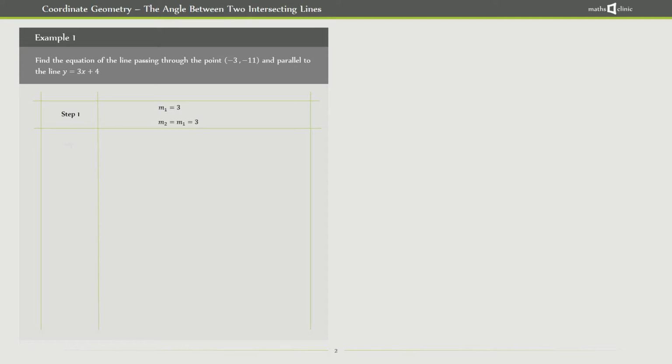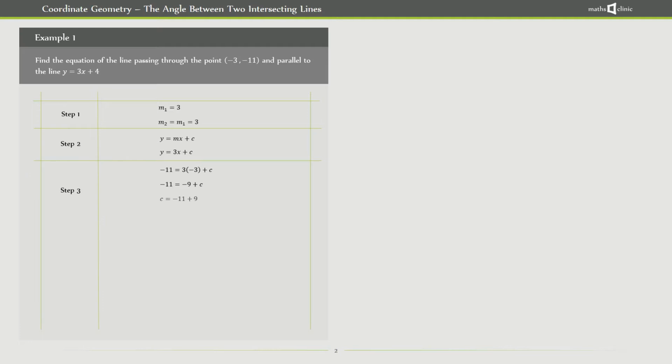Now we have the gradient of the line and a point that the line passes through, so we can go ahead and work out the equation of the line. We have y equals mx plus c, so y equals 3x plus c, because the gradient is 3. Then we can substitute the values from the point into that equation: minus 11 equals 3 multiplied by minus 3 plus c.